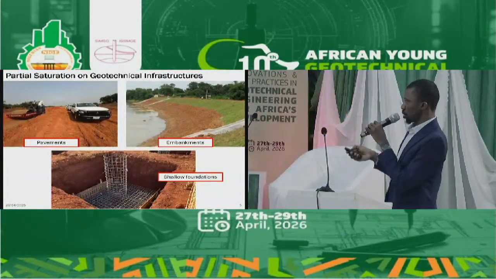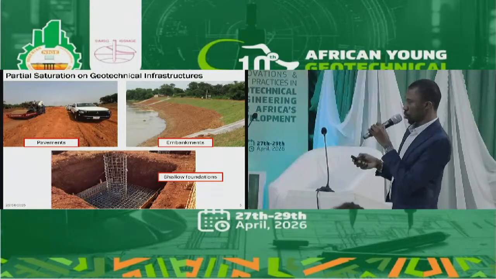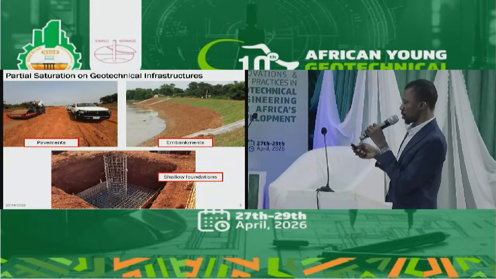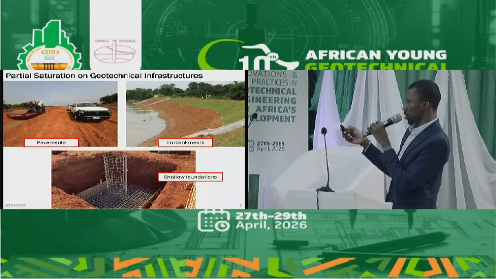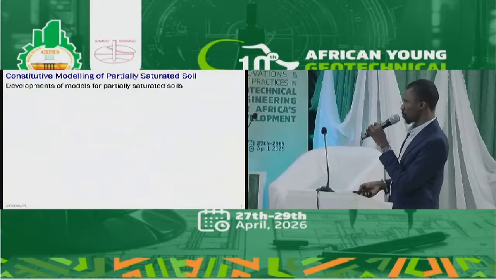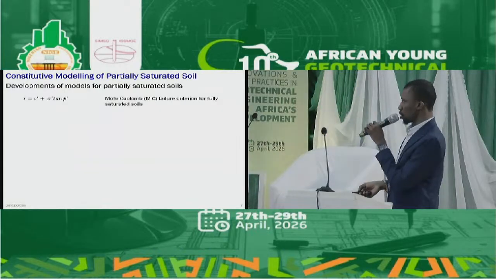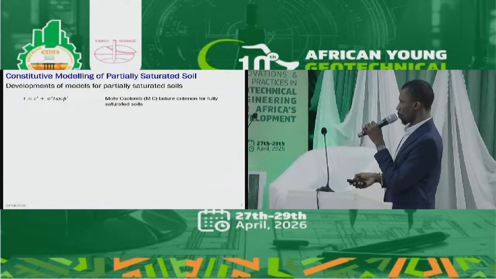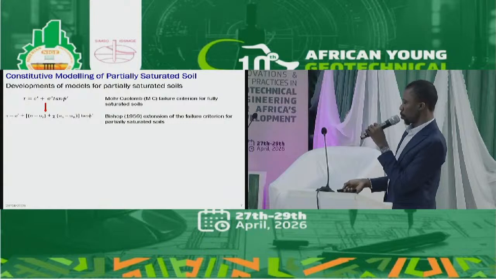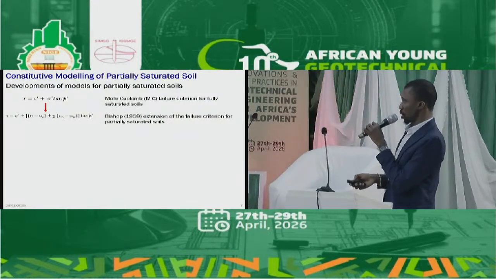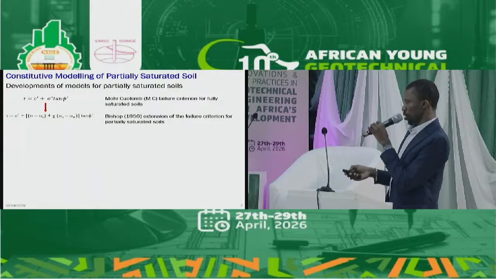Now, these are geotechnical infrastructures where the effect of partial saturation is common: pavements, embankments, and shallow foundations. Considering modeling of partially saturated soils, this has been a process that has developed over the years, beginning with the Mohr-Coulomb failure criterion. You move to the expression by Bishop, which didn't capture the effect of partial saturation properly.